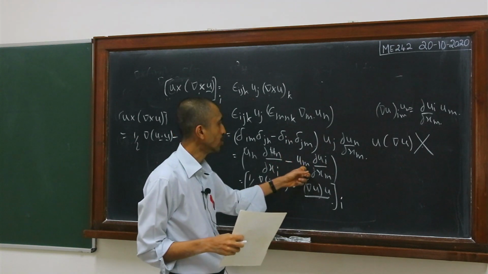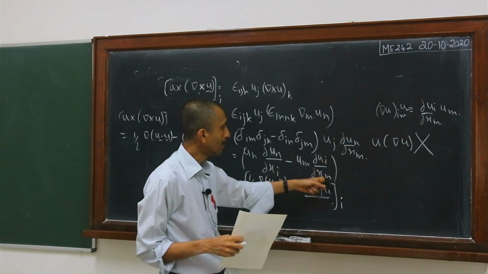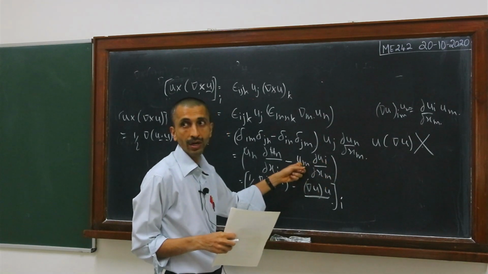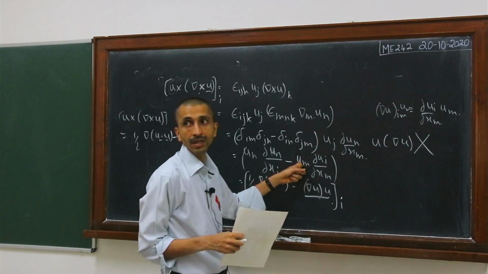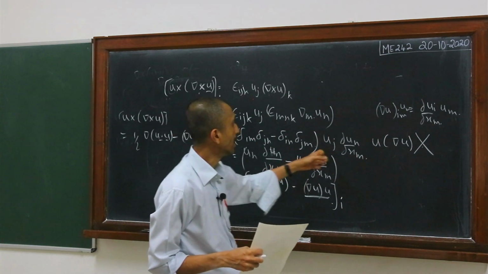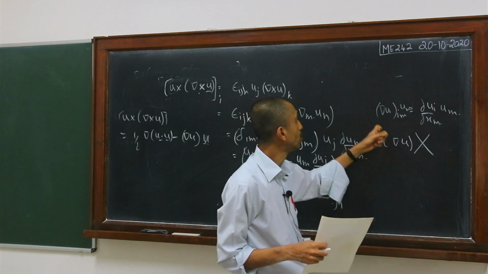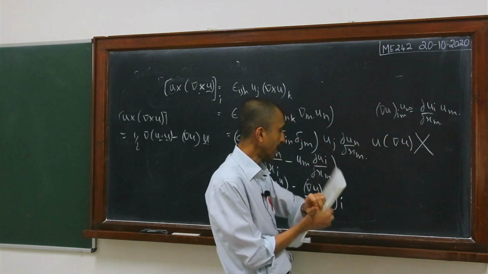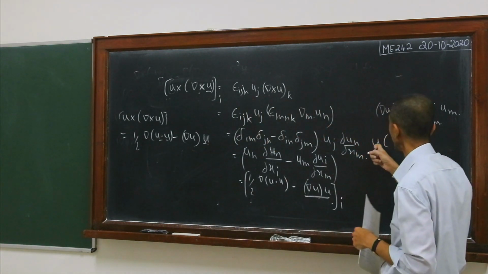Whether you write it as um times del ui by del xm, or you write it as del ui by del xm times um, there the order is not so very important. But when you convert it back to tensorial notation, then you should write it in this particular way. That means the order is very, very important. You cannot write it as u times del u.